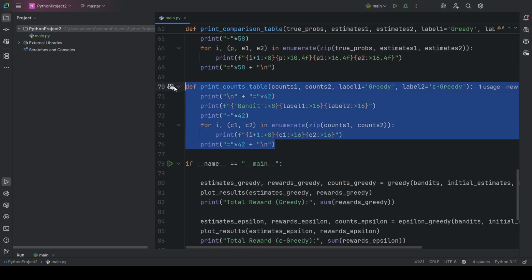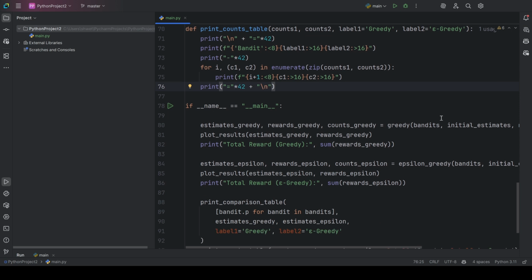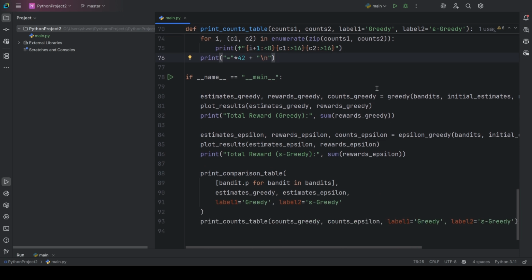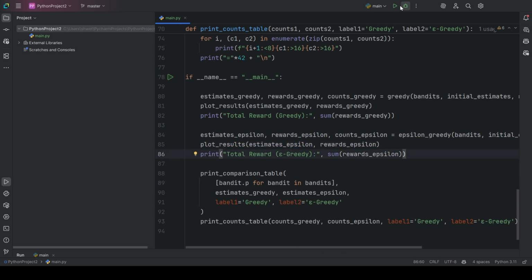And using this function, we print the counts of how many times each bandit was pulled by the strategies, and then we call all of those in the main function. So first we play it greedily and plot the results, and then we do the same for epsilon greedy, and then we print the comparison tables for both of them.